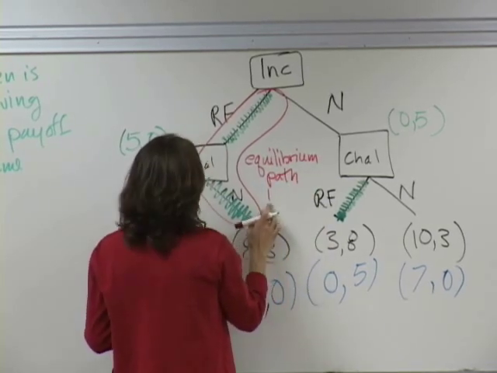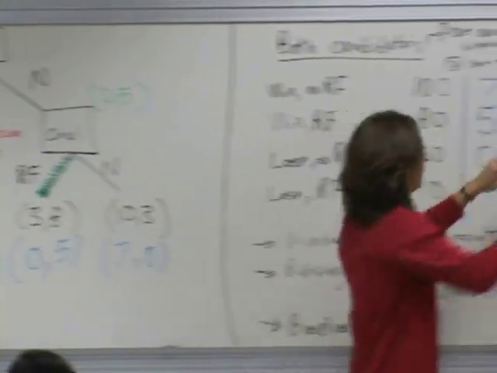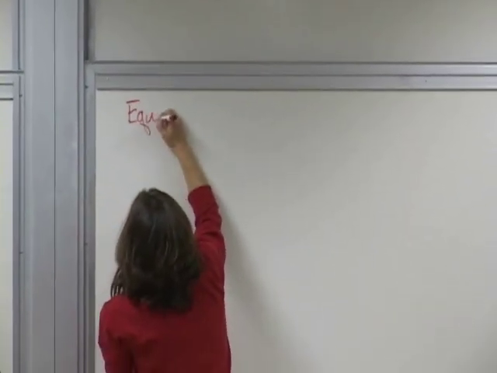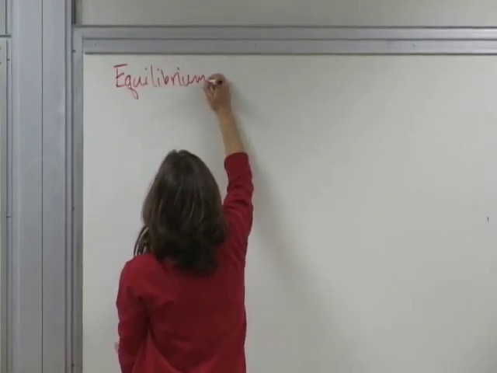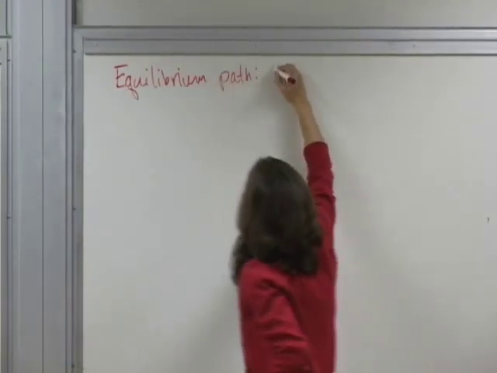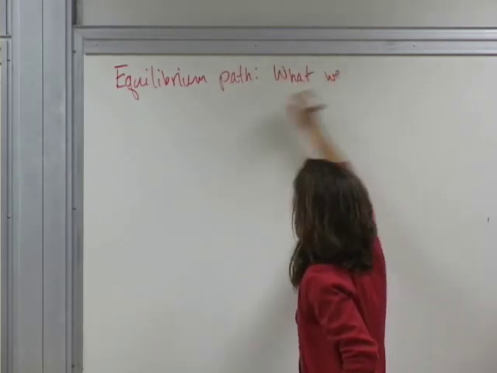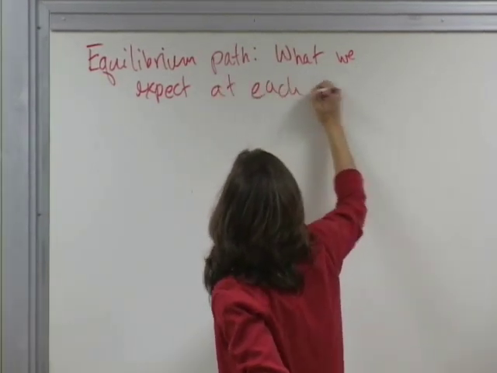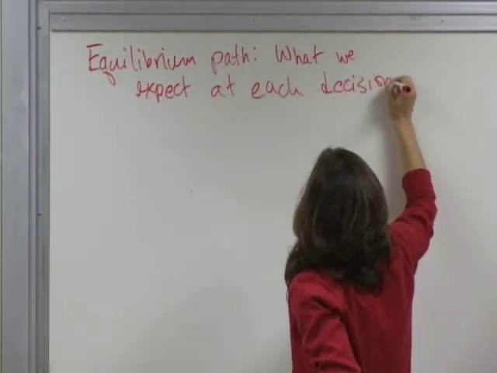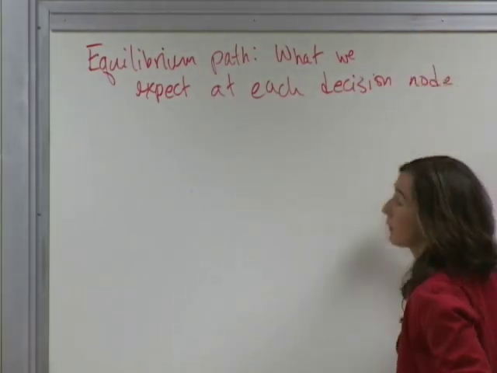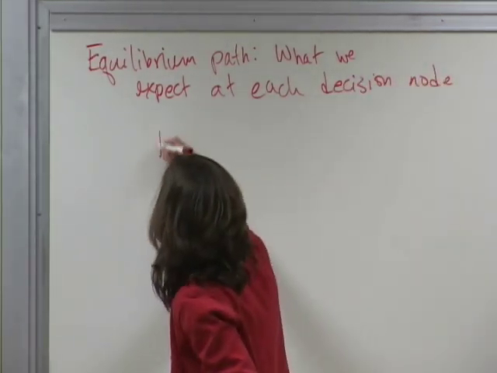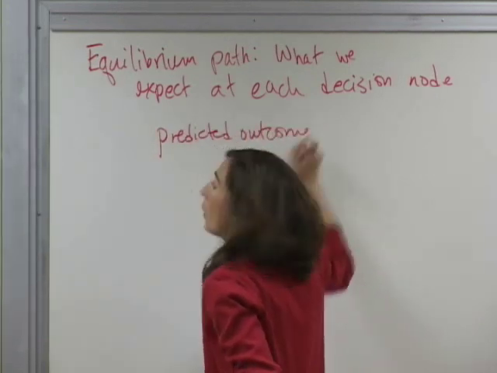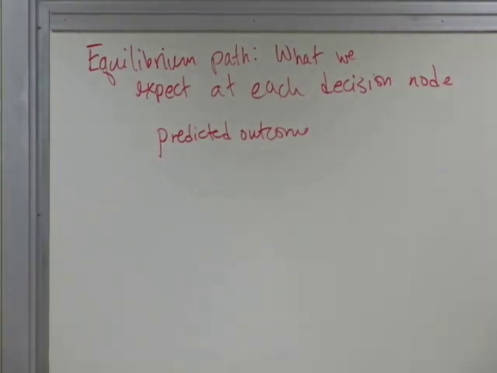The equilibrium path, I'll write it over here. What we expect at each decision node. Okay? Another phrase for this is, well, the predicted outcome. What do we think the guys are going to do? What do we think we're going to see in this situation?